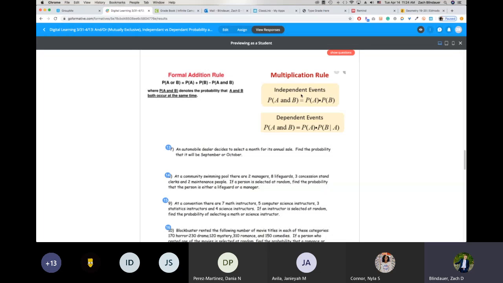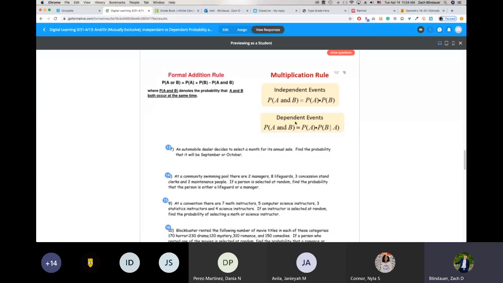For instance, the probability of it snowing and the probability of me eating breakfast are independent of each other because they don't really affect each other. I'm always going to eat breakfast no matter if it's snowing or not. I guess that's a bad example, but independent events don't depend on each other. It doesn't matter what they do to each other. Dependent, it depends on it.